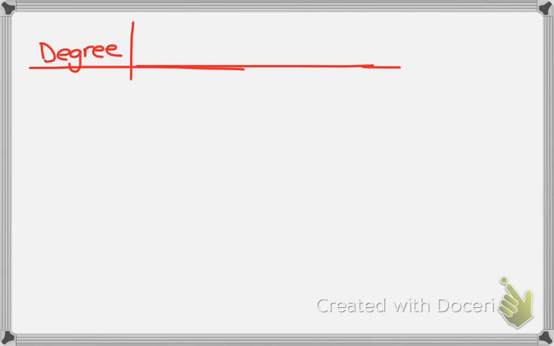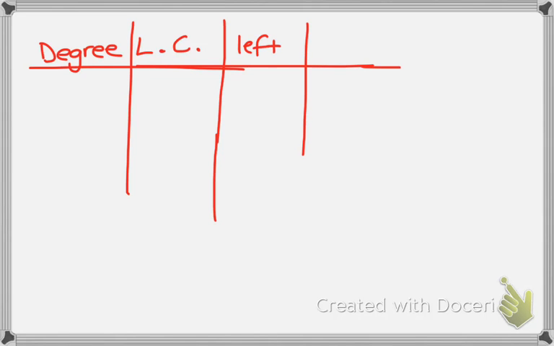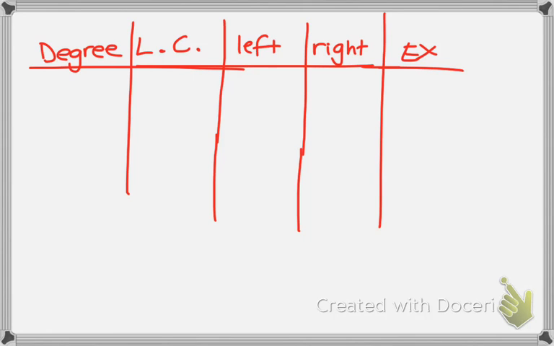If I just put LC, will you all know what that means? Yeah. So LC, leading coefficient. And then we're going to put what's happening on the left. And then we're going to put what's happening on the right. I'll make a quick example at the end.